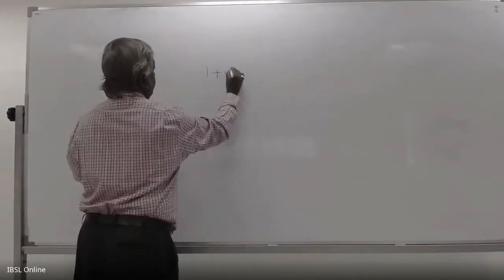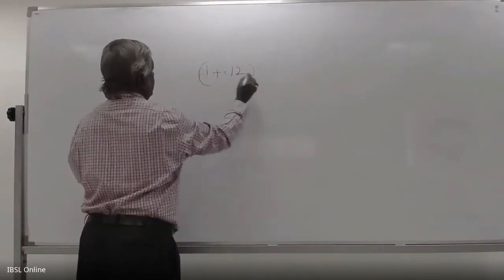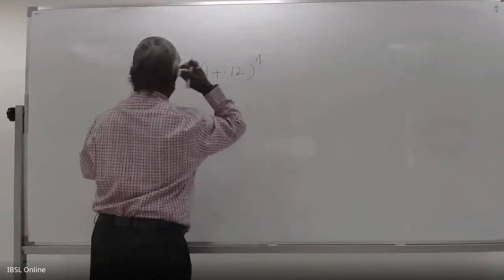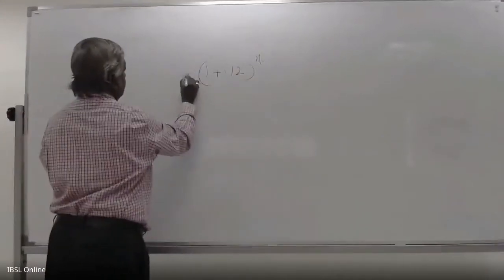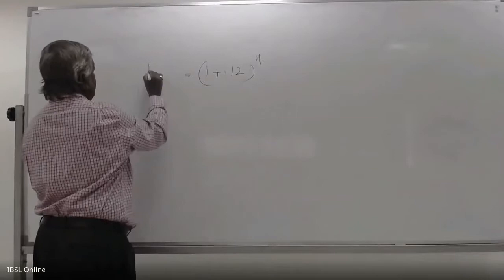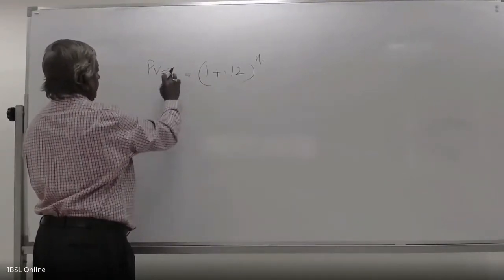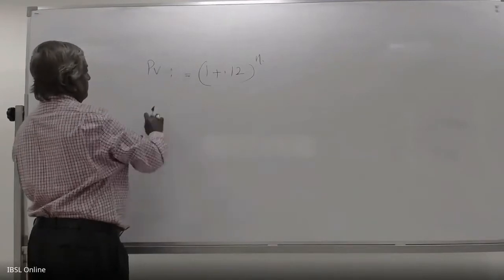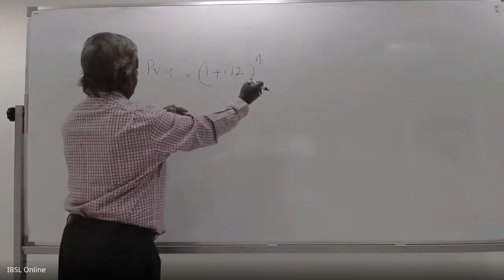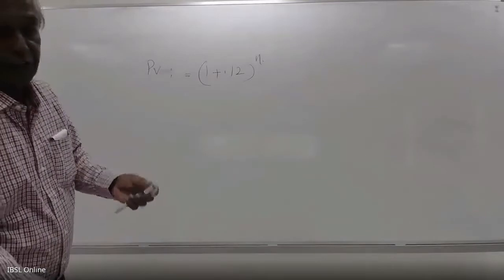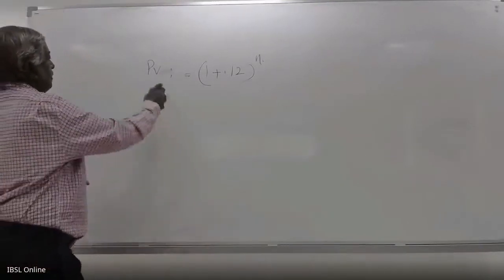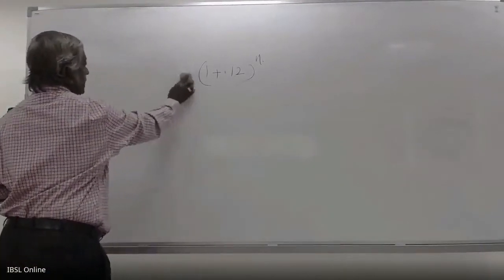So we can write like this: 1 plus 0.12 to the power n. When the present value is equal to 1, the future value is this.